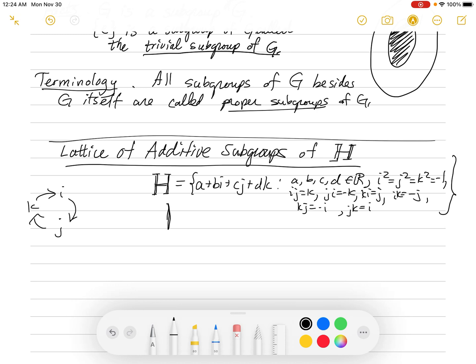Okay, that's the quaternions. So I'm going to draw a bar here. So this bar means what's under here is a subgroup. So the next group here would be the complex numbers. So the complex numbers are a subgroup of the quaternions. And what are the complex numbers? It's the set of all a plus ib, such that a and b are real numbers, and i squared equals -1.